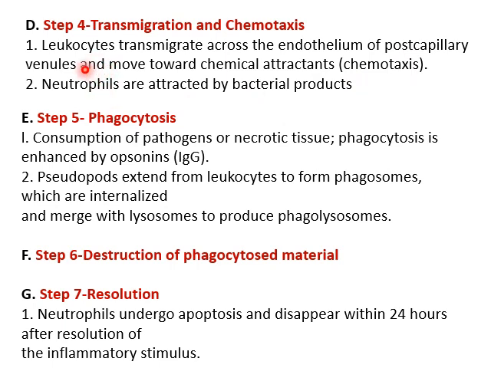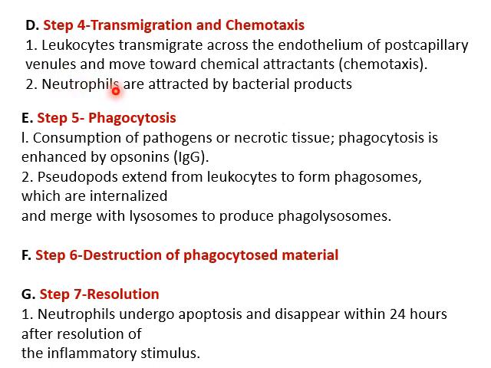So after we get the leukocyte attached firmly to the endothelial cells that make up the blood vessel wall, we need these leukocytes to transmigrate across the endothelium to go toward the chemical attractant, and this is a process called chemotaxis. There are some chemical substances that attract the leukocyte to the site of inflammation or the injury.